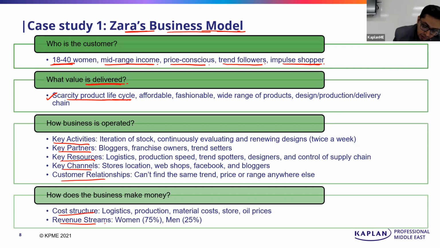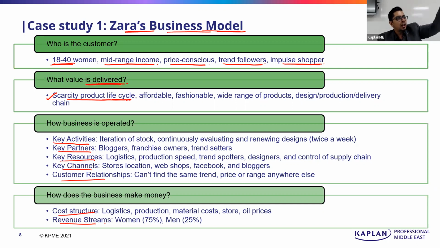And where do they get the ideas for these designs? I heard this interesting story. This is not particularly documented, but I've heard it from some industry experts: Zara sends some of its employees to the stores of luxury brands, and they see the behavior of the customers there.